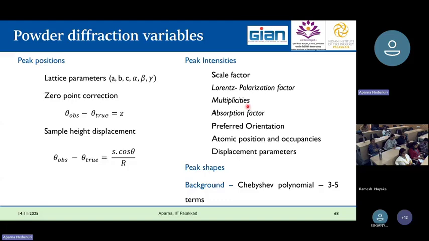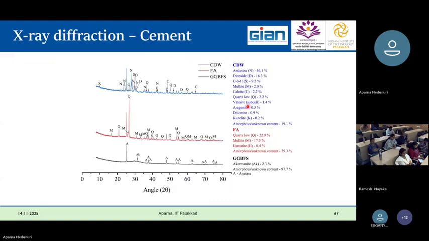Like we have seen in the last slides, over here, if you see, the peak is starting at this particular 2 theta value, and then the peak has peaked at a particular 2 theta value. But the shape of the peak is not a single line. It has been broadened and narrowed down. So that is taken care of by your Lorentz factor.